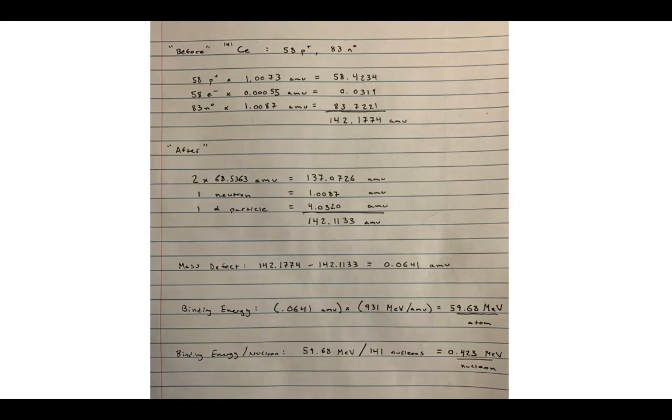But I didn't ask for just binding energy in MeV. I asked for binding energy per nucleon. So to find that, we take the total binding energy that we just solved for and divide it by our 141 nucleons, which is basically just the mass number of CE. And that gives us our final answer.